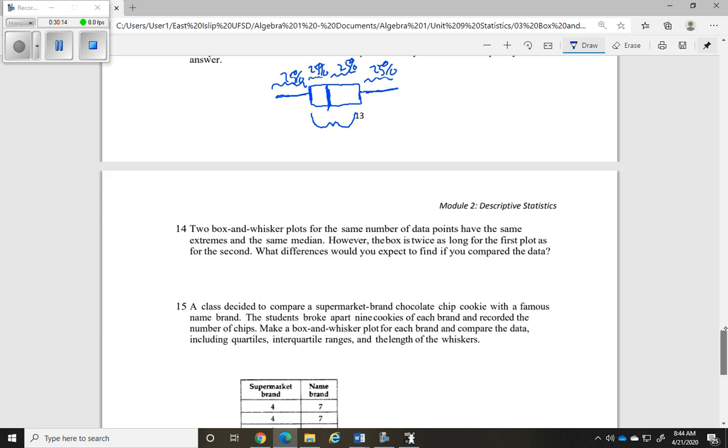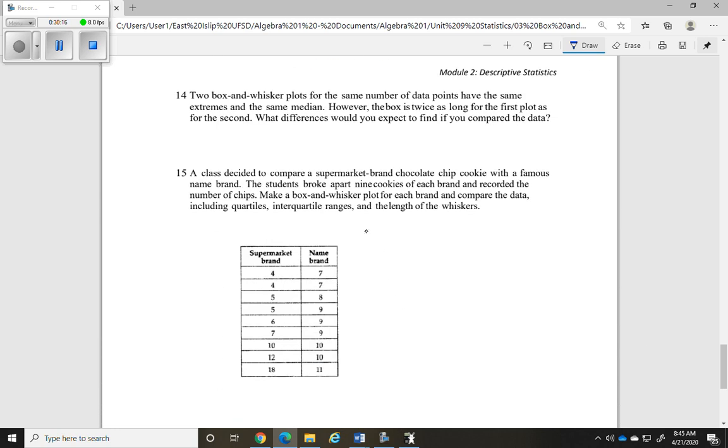Number 14. So we have to use our logic skills. They're saying that there are two different box plots, and they have the same extremes and the same median. So that line going down the box is in the same position, and the whiskers, I guess, are going out to the same spots. However, the box is twice as long for the first plot as for the second.